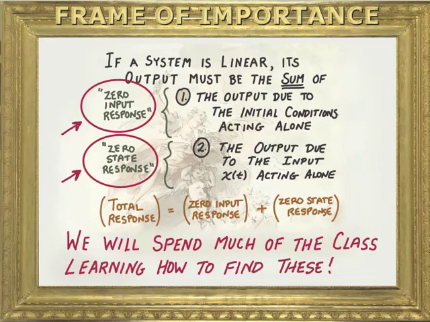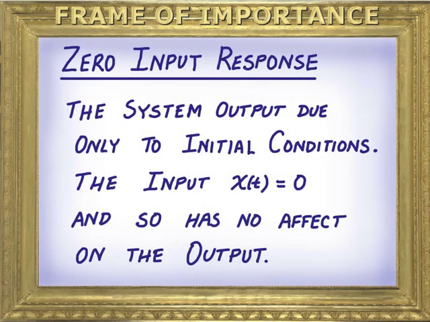So when you see the frame of importance, you'll know that I've found something to be really critical to your understanding, and I'll try not to use it too much. You should be aware, though, that sometimes a result will be important or very important, and I won't bring out the frame. In this lecture, I'd also like to highlight the zero input response and the zero state response.